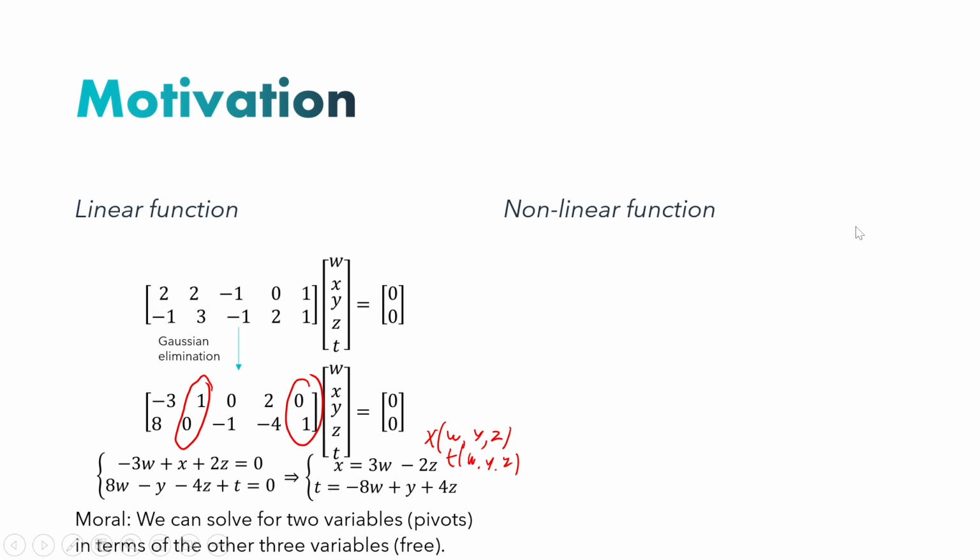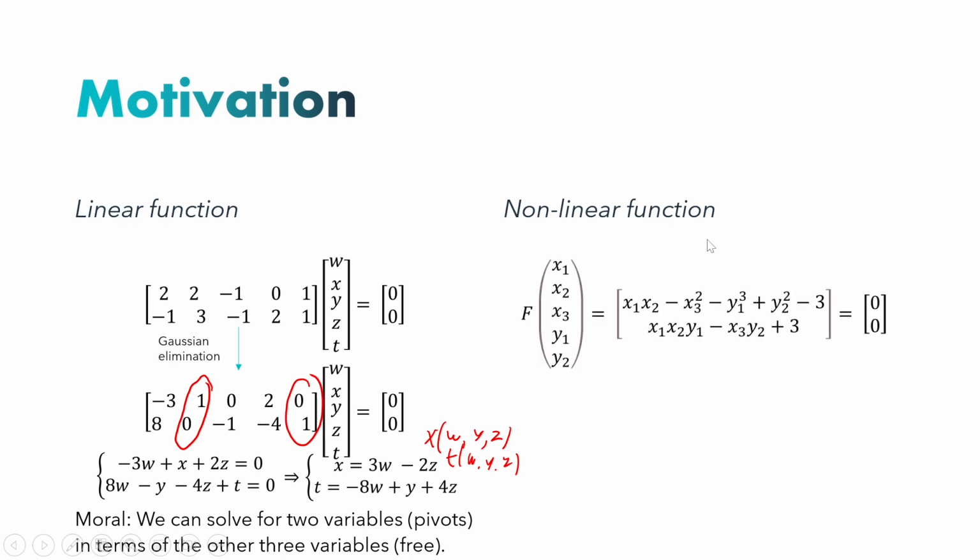So on the right now, let's take a look at a nonlinear function. Here is a function, which we'll call capital F, of 5 variables. We'll notate them x1, x2, x3, y1, y2. The reason for the notation doesn't matter right now; you'll see it's a reasonable choice later on.